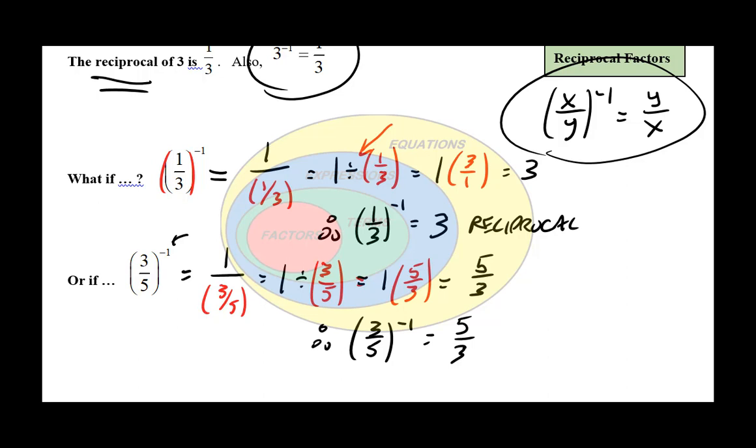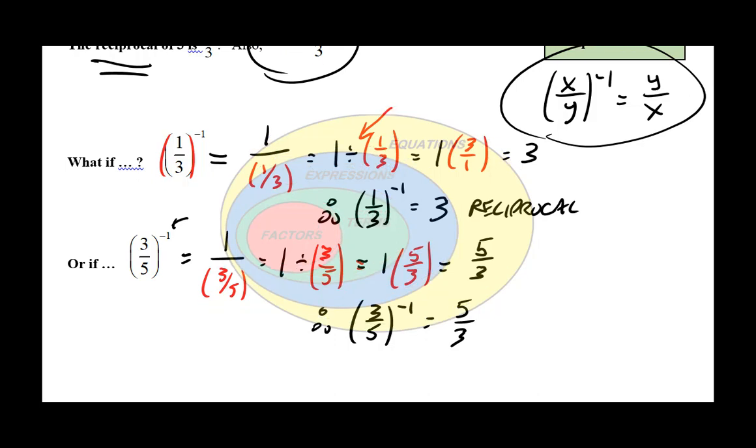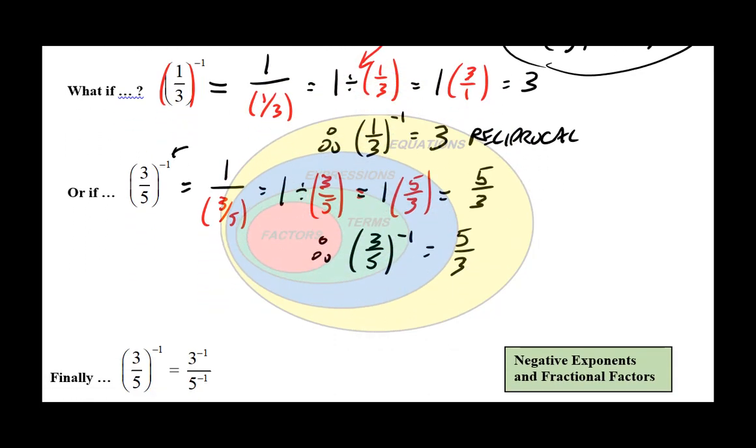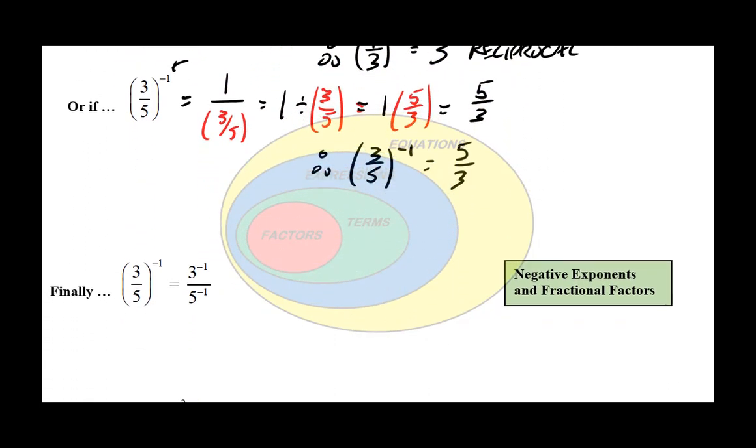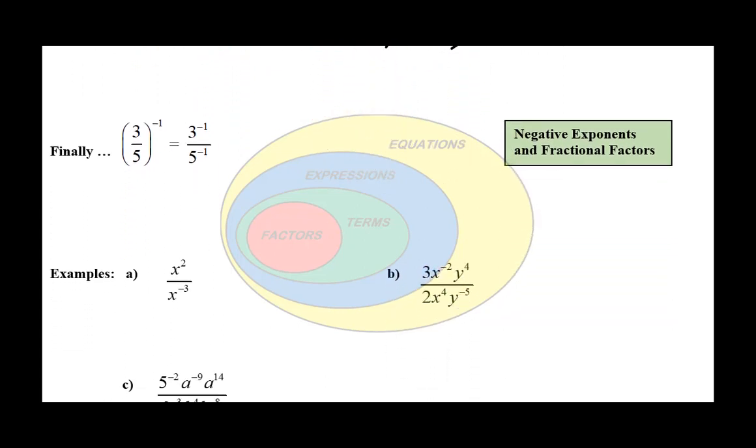Now, how can we use this and generalize more? So that is one nice thing about negative exponents. They represent reciprocals. So let's look at this last one. What if then, instead of applying the negative 1 power, we notice this is an outside power.